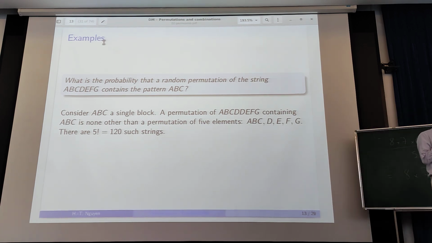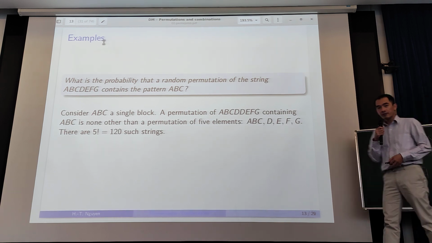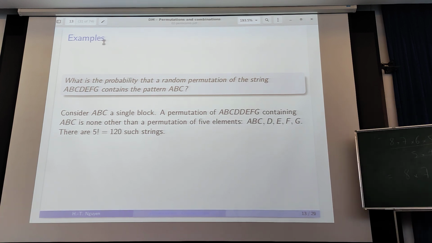Okay? So in order to count the number of strings that contain the pattern ABC, we can consider ABC as a single block. So in this case, if A, B, and C is considered a single block, then we have 5 elements: ABC, D, E, F, and G. And a string that contains ABC is none other than a permutation of these 5 blocks.